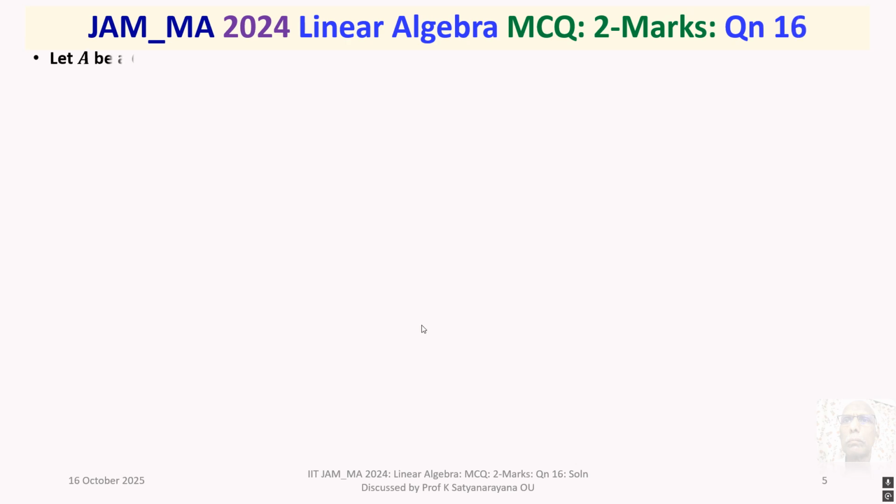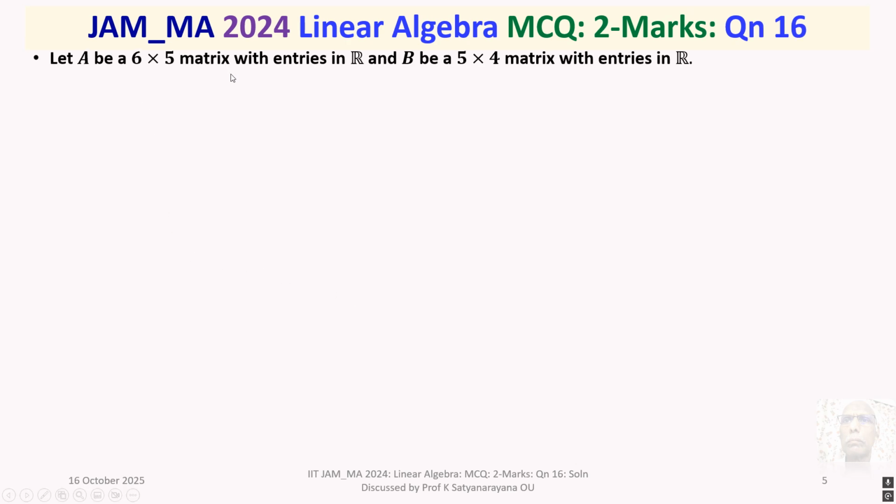The given question is, let A be a 6 by 5 matrix with the entries from the field of real numbers, and B be a 5 by 4 matrix with the entries from the real field. Consider the following 2 statements.